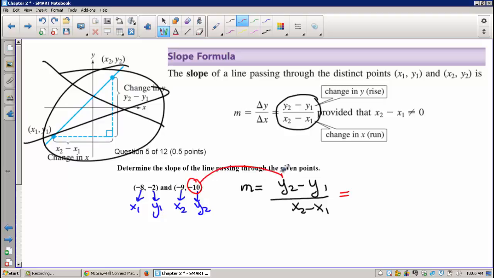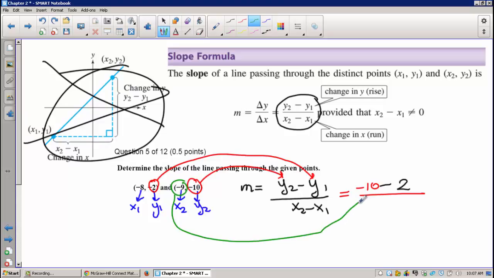Minus 10 is what y2 seems to be. y1 is minus 2. So I take a minus 2, what I am doing. x2 is this guy in the denominator, so I put it right here, x2, which is negative 9.